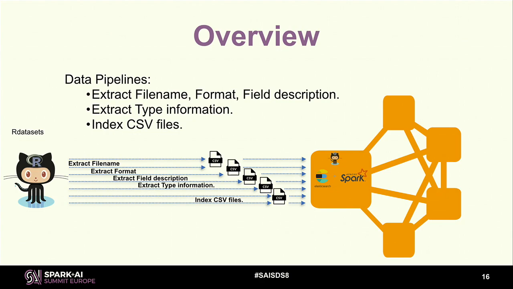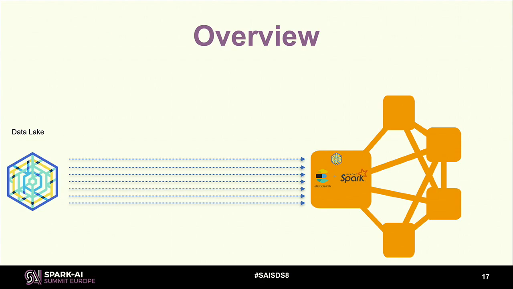And so basically the idea was to go over each and every dataset out there in the R datasets and extract all this metadata. And so that can be extended to any data set that you have on your data lake, or that's available as a result of running a specific data pipeline that produces a lot of data, for example.